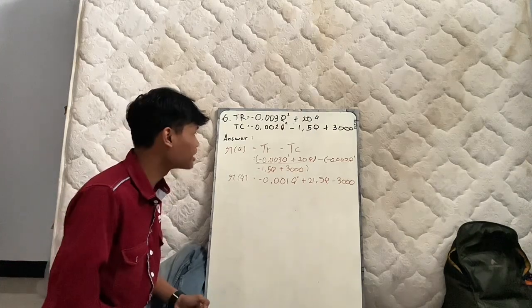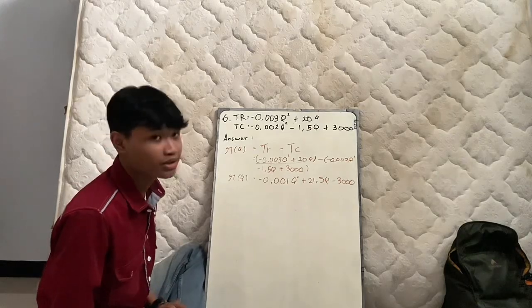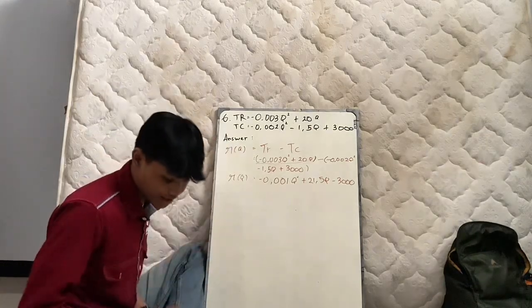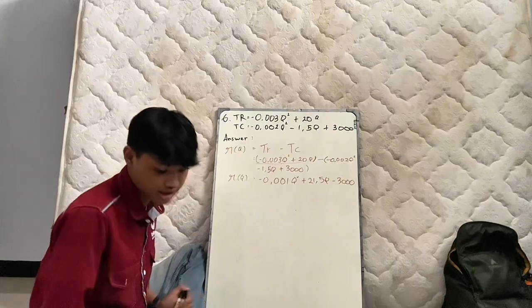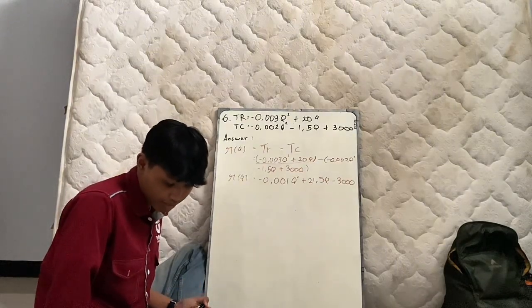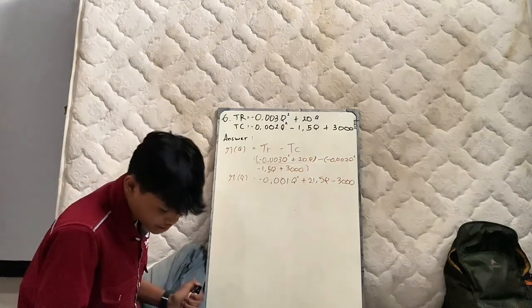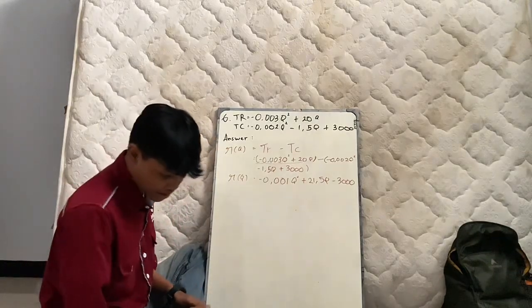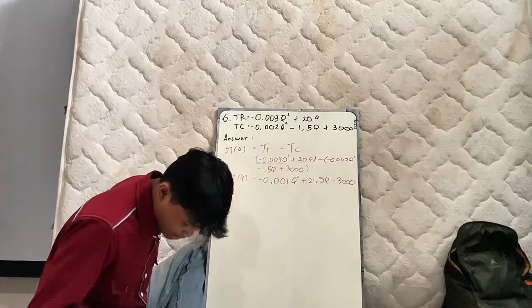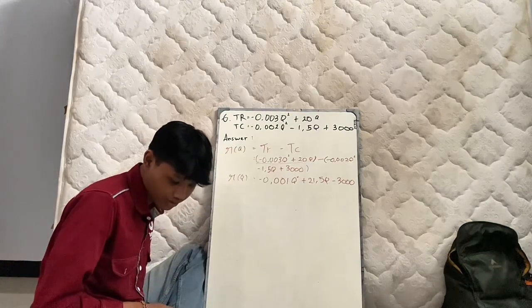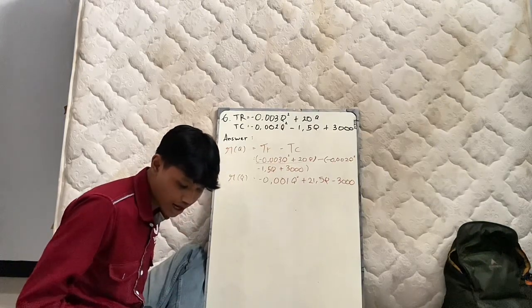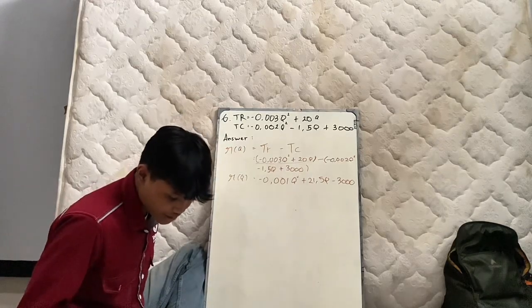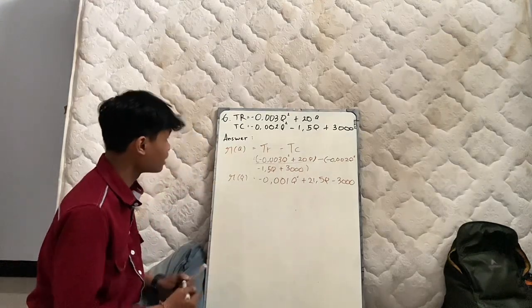Next, I will tell you about number 6 in the book of Nicholson, chapter 11, number 6, page 356 until 357. The question is, a certain manufacturer has the following total revenue TR and total cost TC functions.